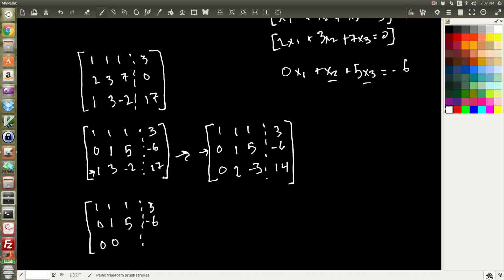Now this was minus 10 minus 3, so that's going to be minus 13. So minus 13, and then 12 plus 14 is equal to 26.